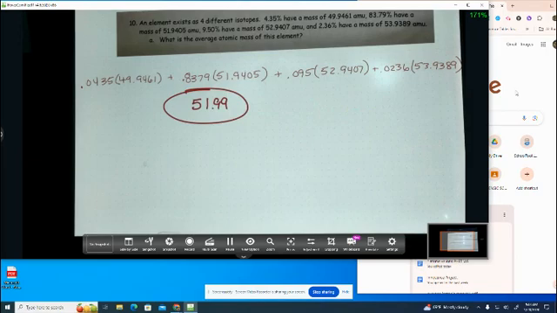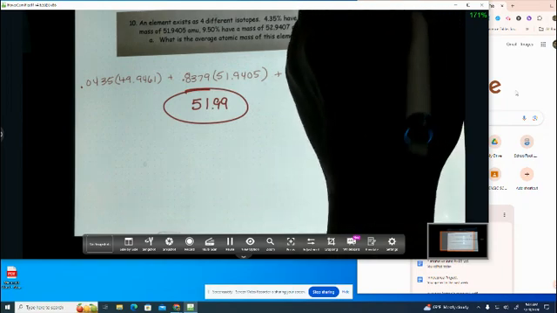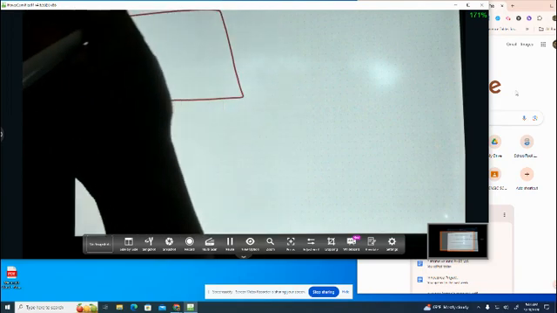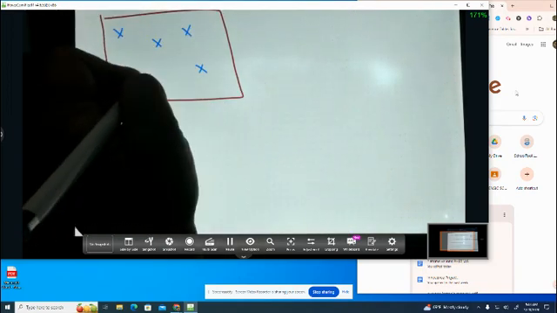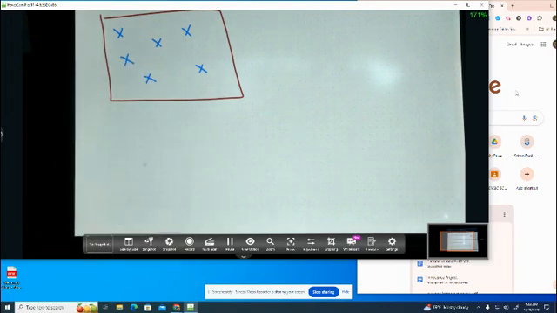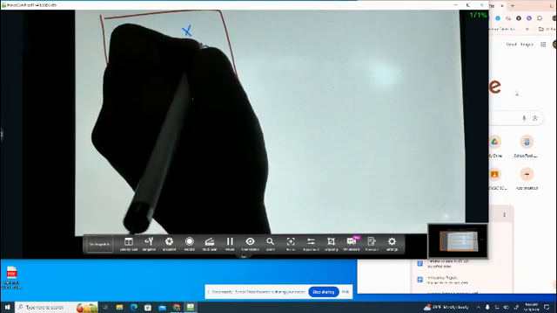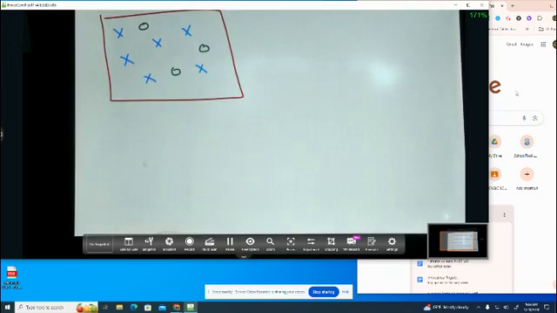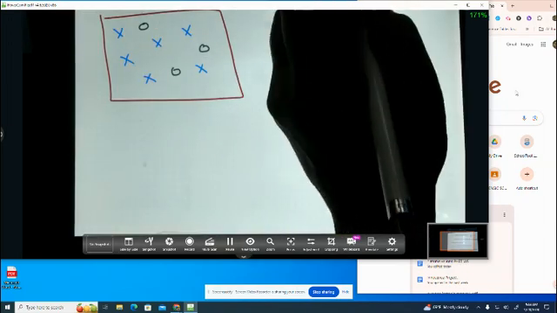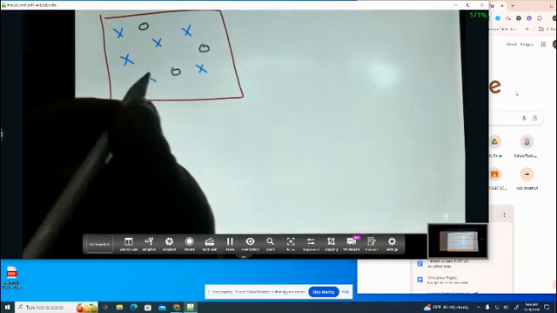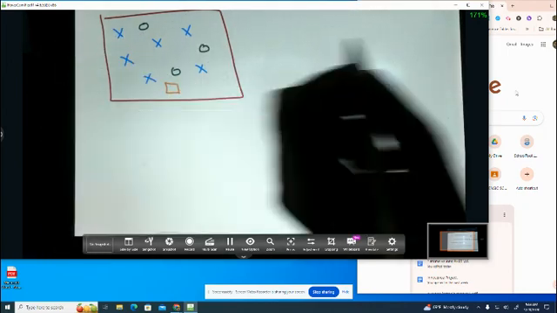If they ask you to find the average isotopic mass, but they don't give it to you like this, can you find the percentages? Do you remember how to do that? Let's just do one because it's going to be on your lab. Let's say here is your sample. In your sample you have 6 isotopes that are those blue X's, 3 that are these green circles, and 1 orange square.